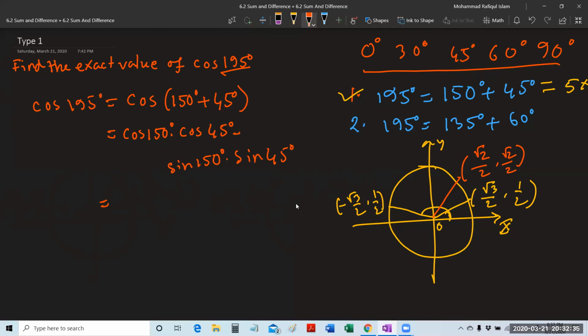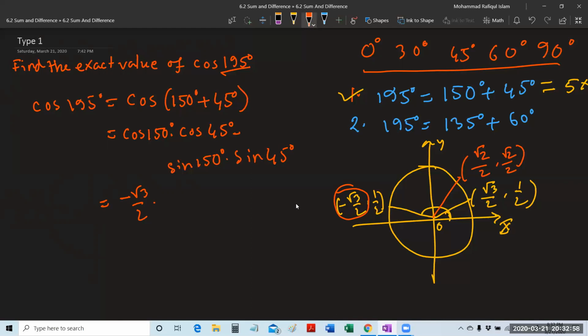Okay, now it's time to substitute the values here. For the first one, cosine 150 degrees, we'll take the first part of the ordered pair. So it's negative root 3 over 2 times cosine 45 degrees.